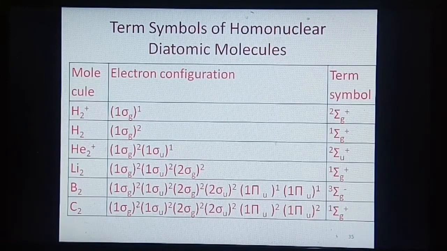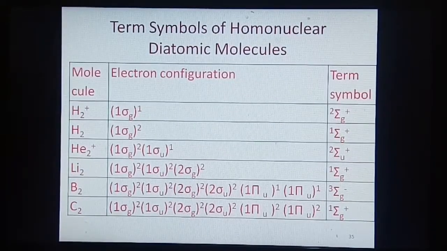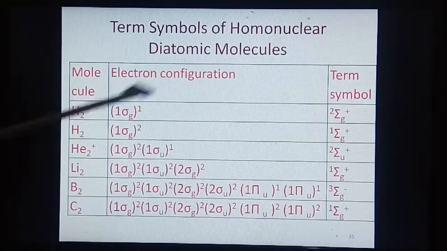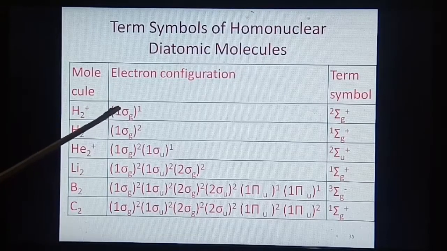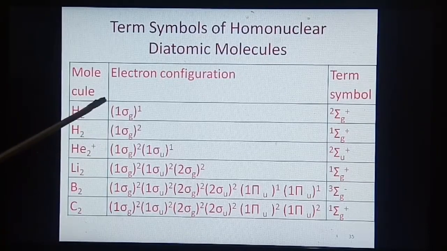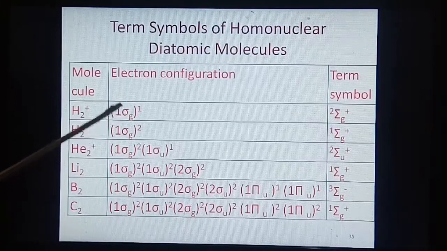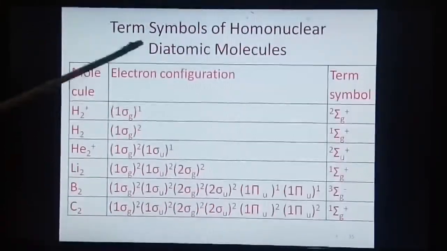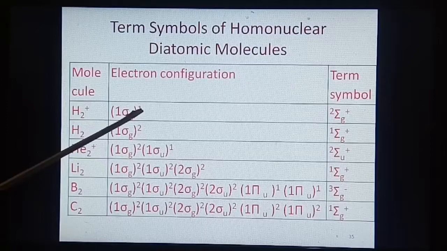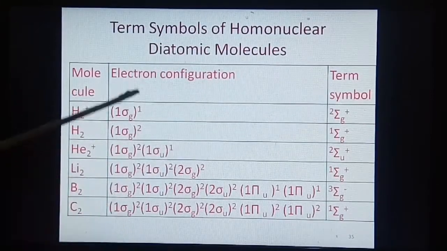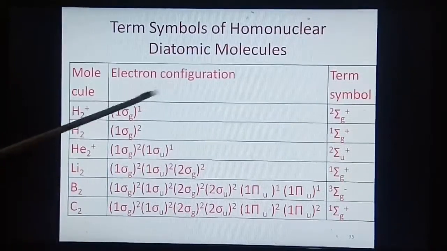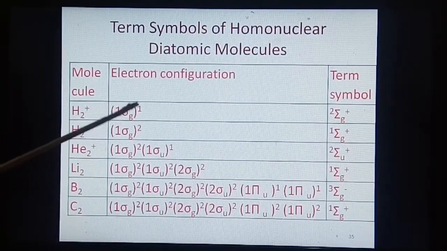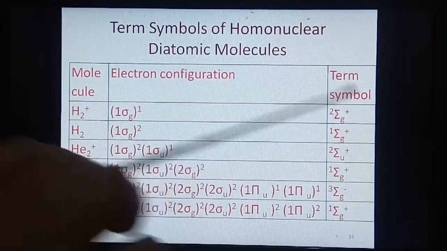Now we discuss the term symbols of all the homonuclear diatomic molecules. In H2 plus the electronic configuration is 1 sigma g1, so it is very simple. Here it is sigma, so the term symbol will be sigma. There is one electron, so the spin multiplicity will be 2, and the parity is g, so it will be g, and because in sigma orbitals the symmetry is plus, it is plus.